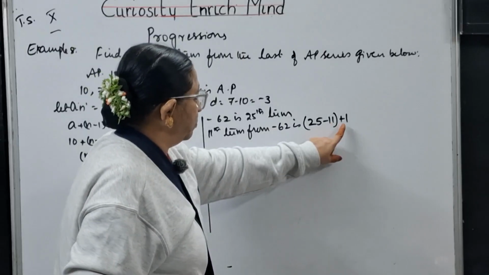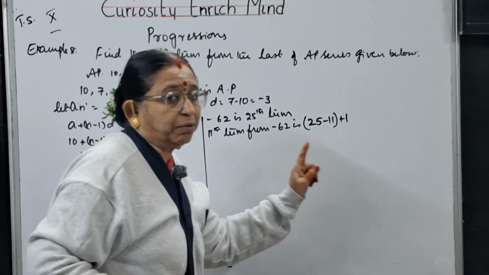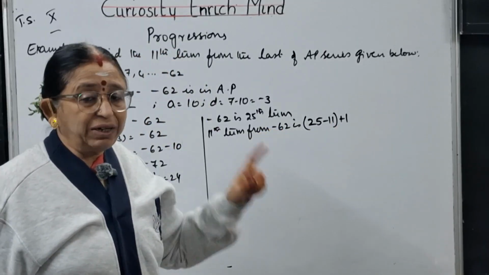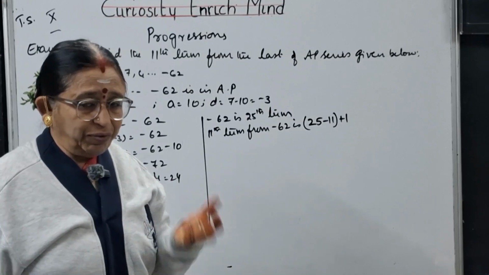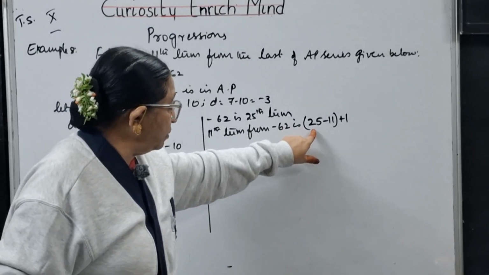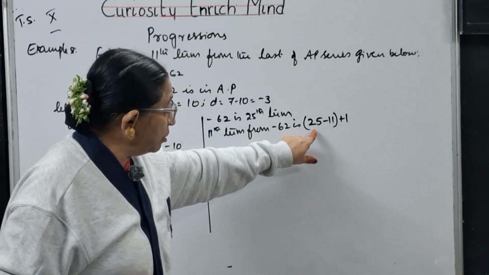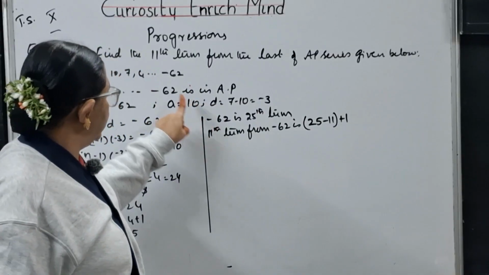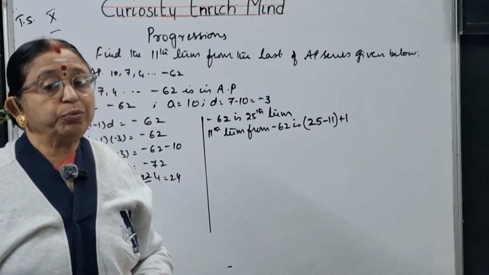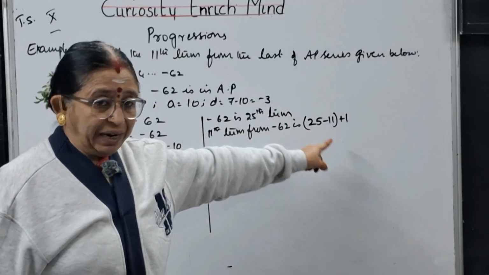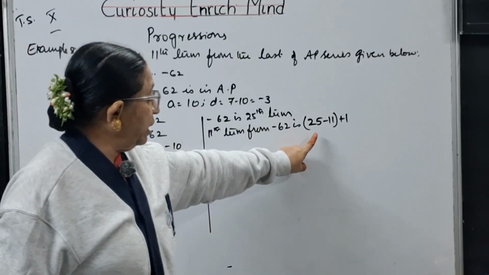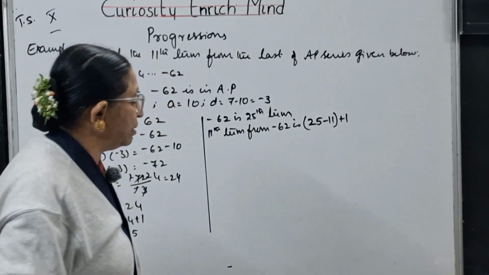Why should you do this plus 1? Because when you are subtracting 11 terms from 25, 25 is not included, but 25 should be included. The 25th term also should be included. That is, minus 62 also should be included. That means you should add that term. That is why 25 minus 11 plus 1.